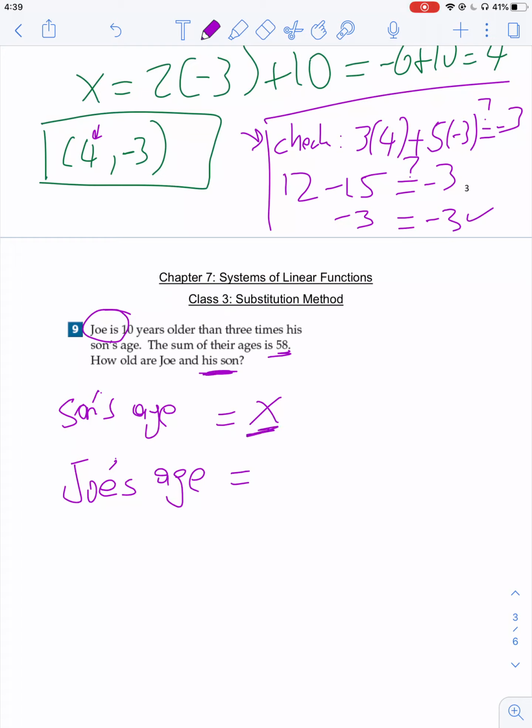So I'm going to multiply this by 3. So 3x plus 10, okay? Based on the information that I have been given, he is 10 years older than 3 times his son's age. So first you need to multiply the son's age by 3 and then add 10 to it. And then basically the question is saying that the sum of their ages is 58. So, okay, that's one way of doing this.